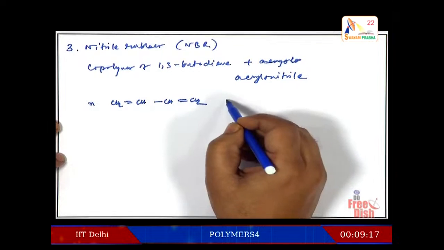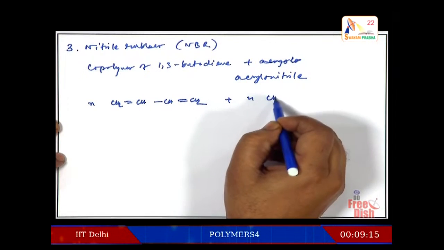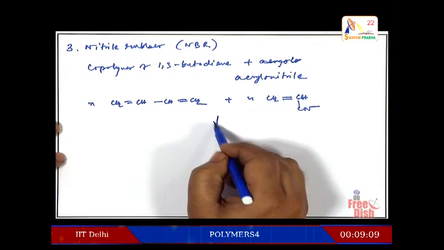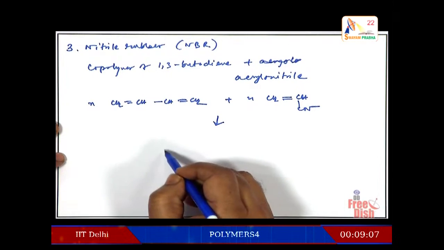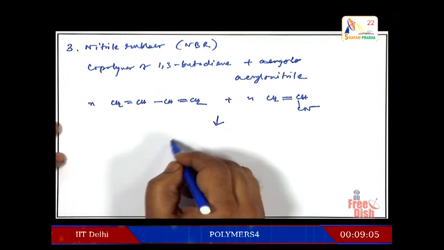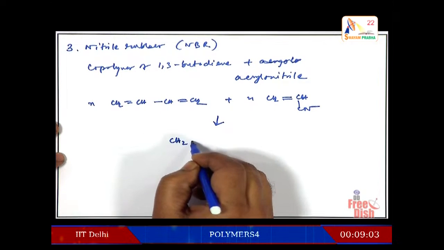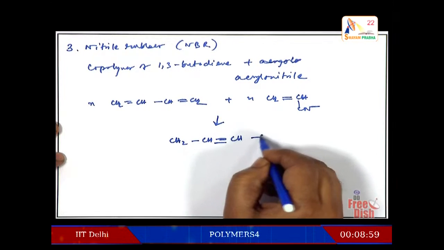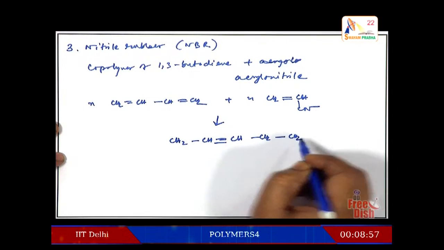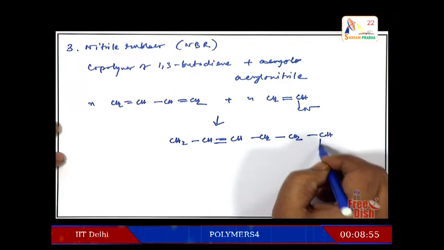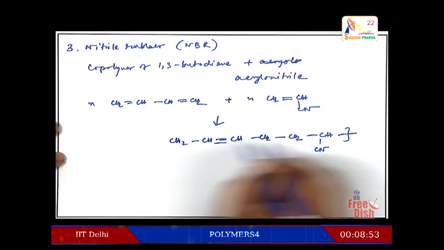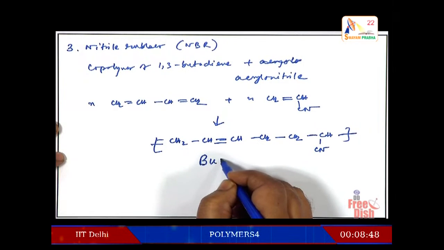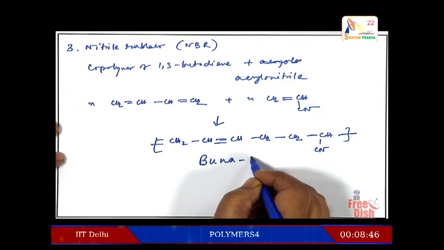This is 1,3-butadiene plus acrylonitrile, and I am not writing the structure of the copolymer, but you can write it. This is called Buna N.